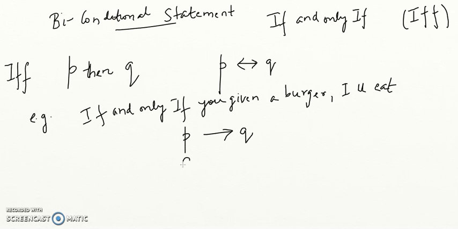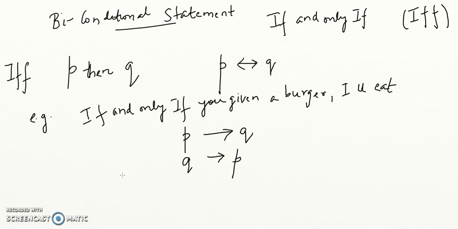Similarly, if somebody says, hey, Akhil ate, then it means I was given a burger. So the flow of information is in both directions, which was not the case in conditional statements, if and then. Here, if P happens, then Q automatically happens, and if Q happens, then P is also assumed to be happening. So P implies Q and Q implies P.